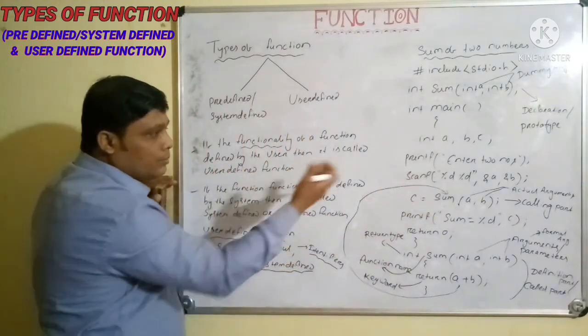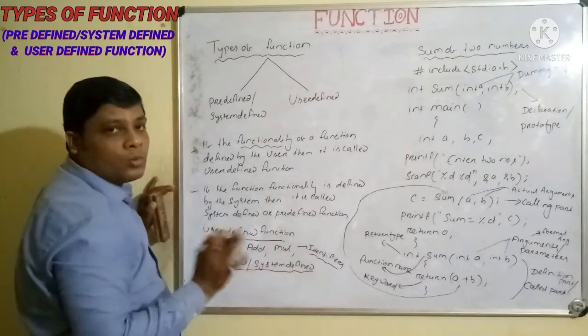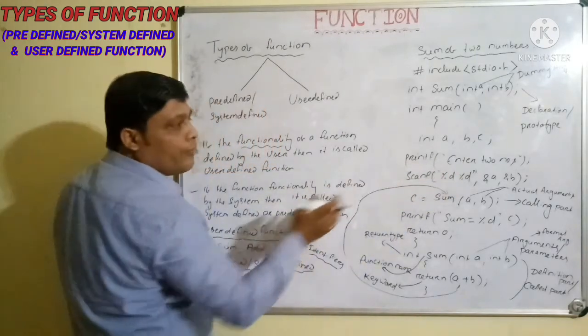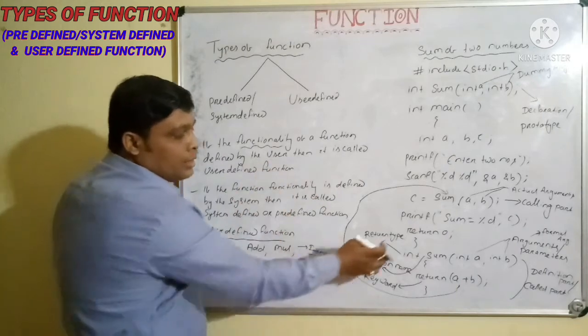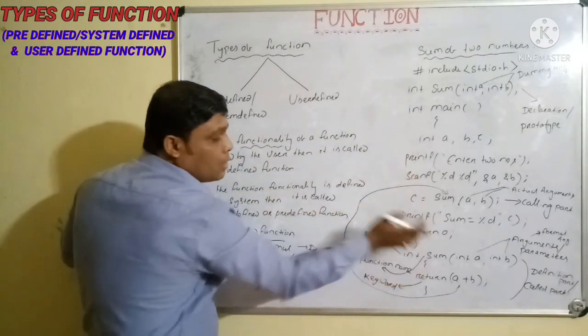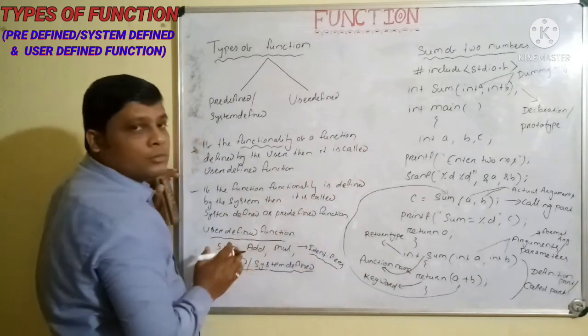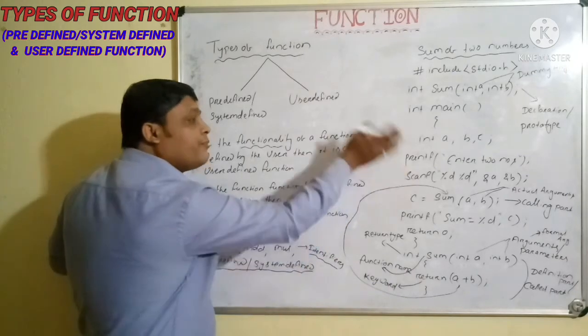Am I writing the functionality of printf or scanf? No. I am only using that function. I have passed some argument to that function. I am not defining any printf function and scanf function like your sum function. I am just using that function, printf or scanf. Clear? So it is already defined.